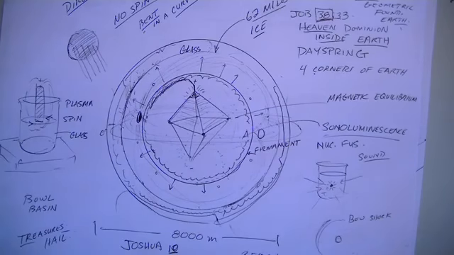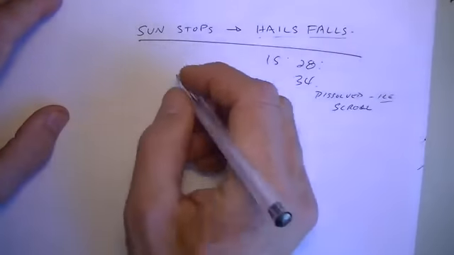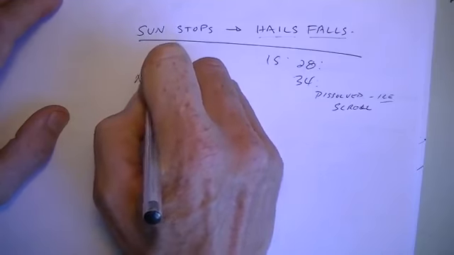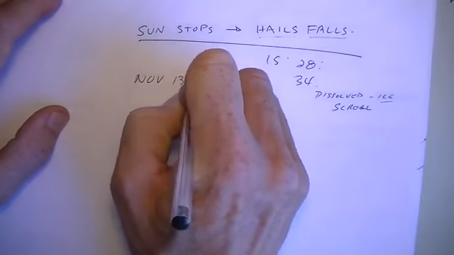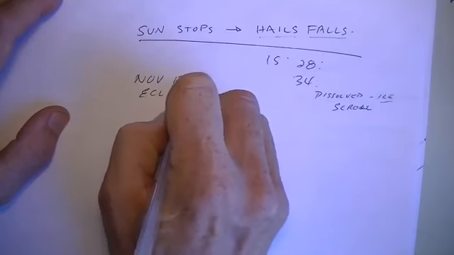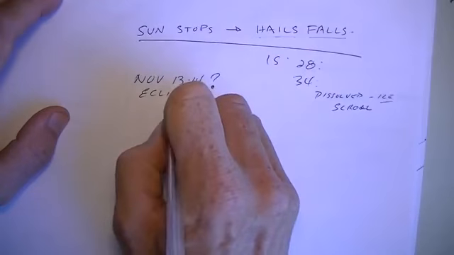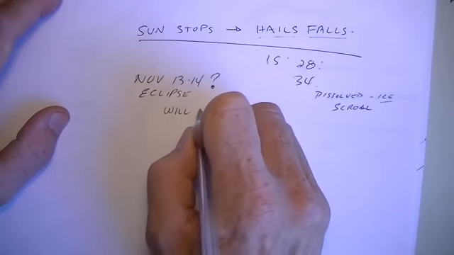There's also another verse, I can't find it now, but it says the sun will be ashamed. Why will it be ashamed? Because it's going to be hiding behind the moon. So I'm foreseeing this is a possibility. I'm not saying it's going to happen, but November 13th, 14th, eclipse over Australia. Will the sun stop? Will the moon stop?